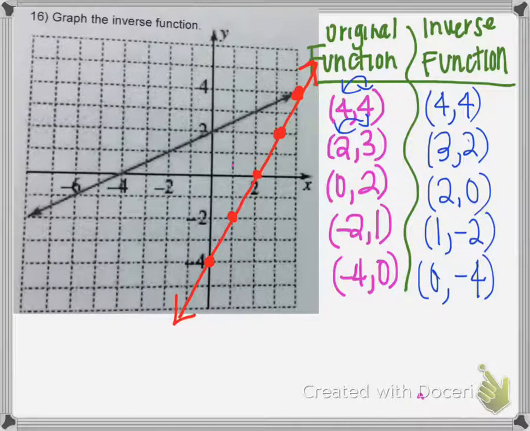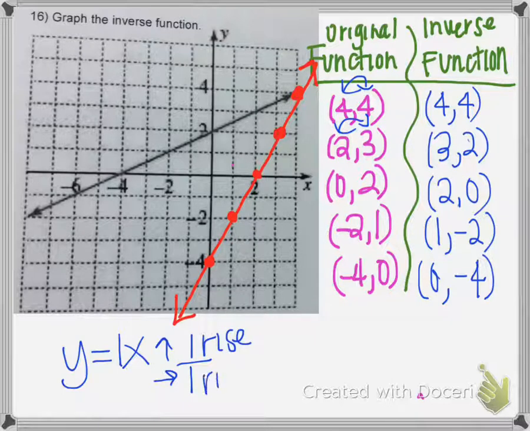So again, if we were to graph the line y equals x, we go up 1 and to the right 1, so we rise 1 and we run 1 from the origin here.